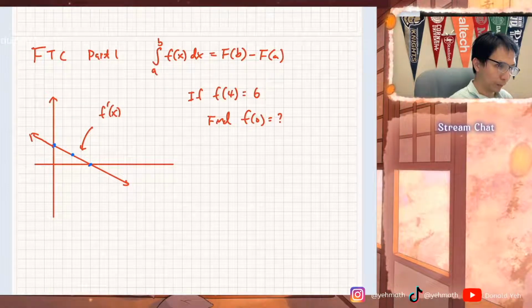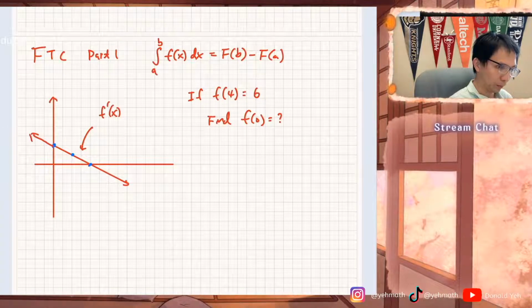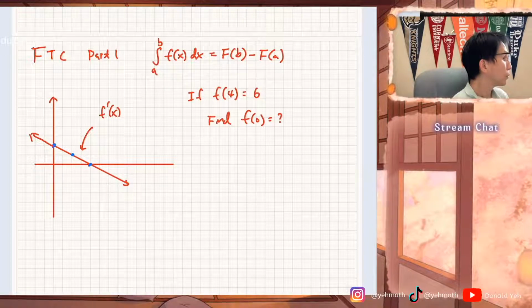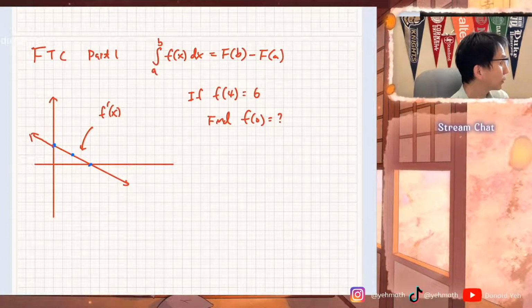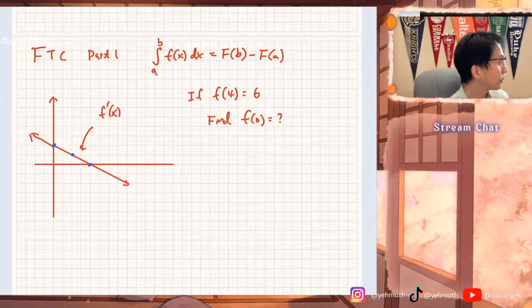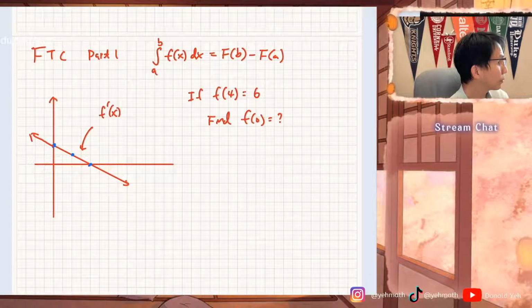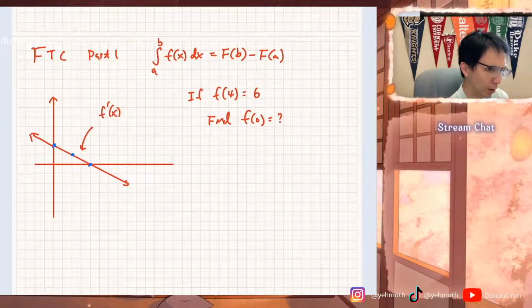Let me see. I think I have the answer. I'm still drawing the drawing. I didn't do the fundamental theorem thing, but I think I have the answer. What did you get? Negative half x plus 4? I don't think so.